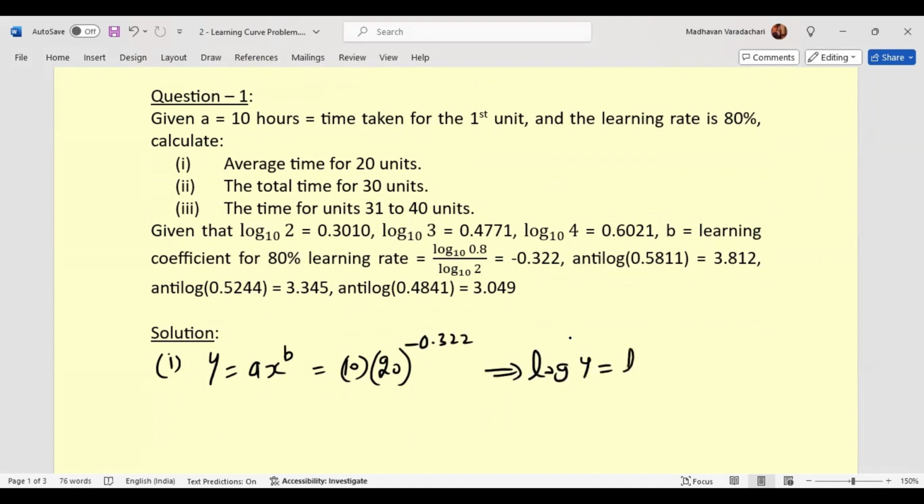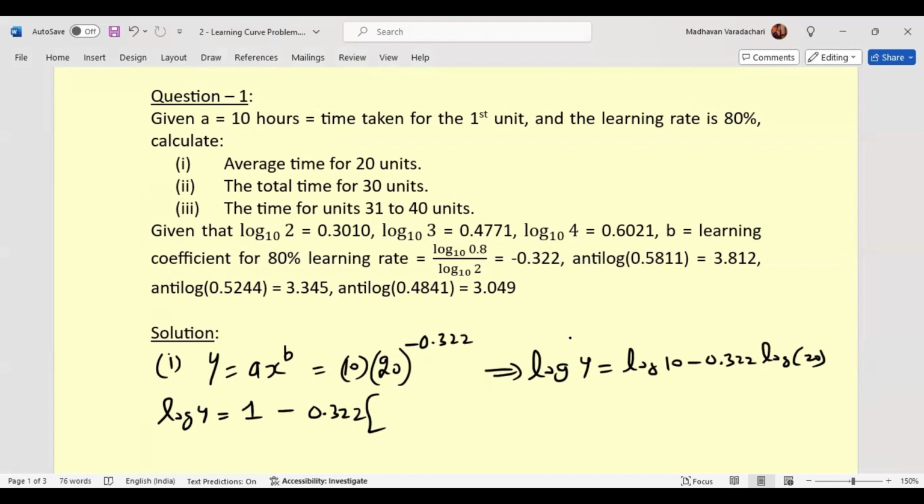So that means we can say logarithm of y is equal to logarithm of 10 minus 0.322 logarithm of 20. That means logarithm of y is log 10, which is 1, minus 0.322 times log 20. Log 20 can be written as 10 into 2.